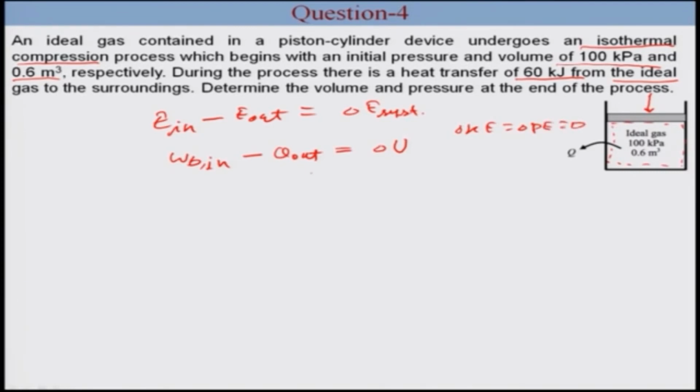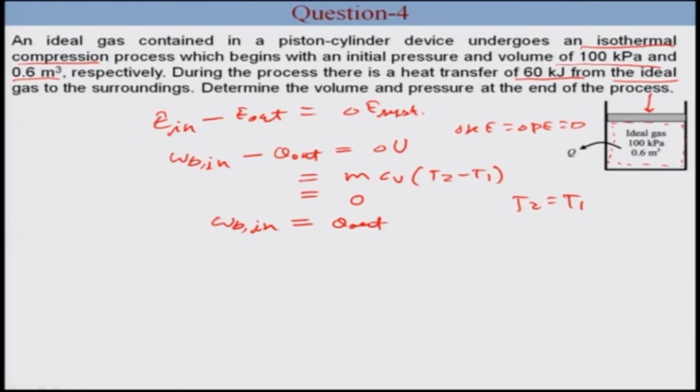Since this is an ideal gas, delta U will be m Cv delta T, that is T2 minus T1. From here, since this is an isothermal process, this will be 0 because T2 equals T1. So W in will be equal to Q out, that is total work done on the system is equal to total energy coming out of the system.